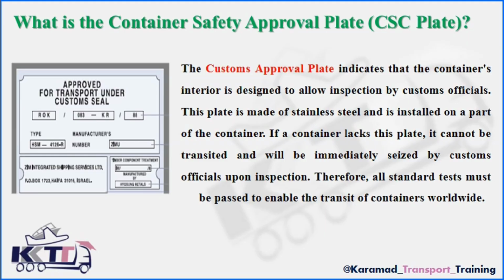So it is generally better for shipping companies that own containers to undergo the required standard tests in order to obtain this important plate, and have it displayed on their containers so they can transit their containers to various different parts of the world without facing seizure or objections from customs officers.